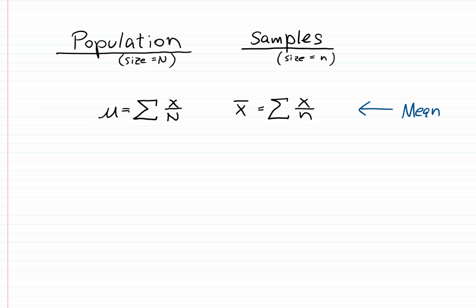Now, what are we learning in this lecture? We're learning the variance. We learned how to do that. So what did we do for variance? You add up the squared deviations, which means each data point minus the mean, that's the deviation, and then you square that.